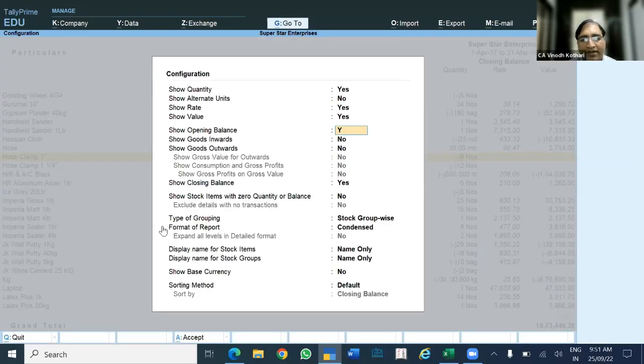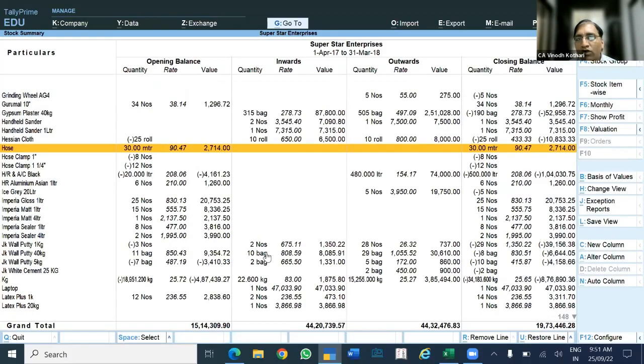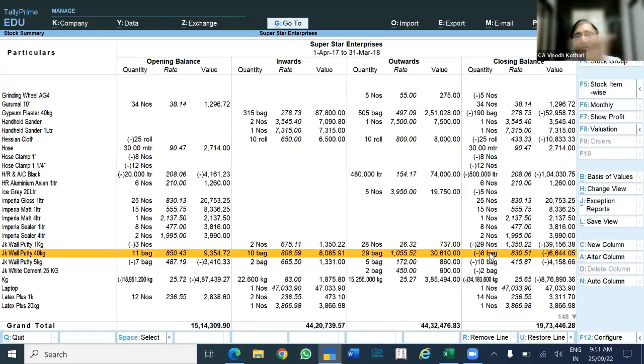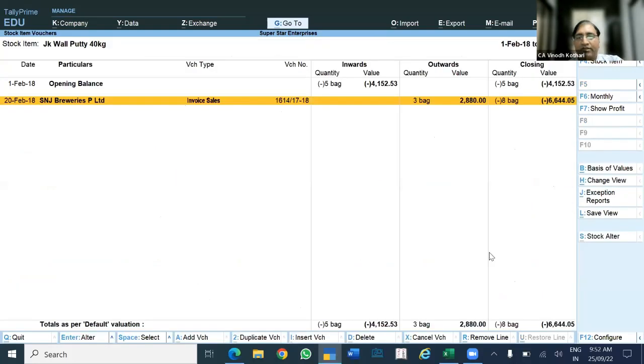We had opening balance of how much? 11 bags. Inward how much? 10 bags. Sold how much? 29 bags. And what is the closing stock? 8 bags. That means some mistake is being made somewhere. Again, if you press enter, you will find the total month-wise details. Again, if you press enter, you will find the sales details. Again, if you press enter, you will find the further details.